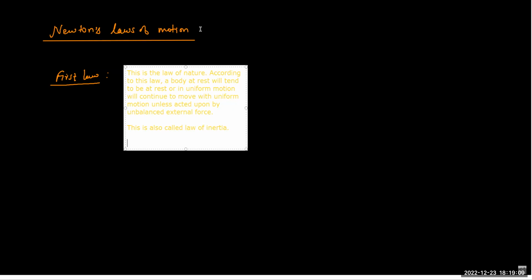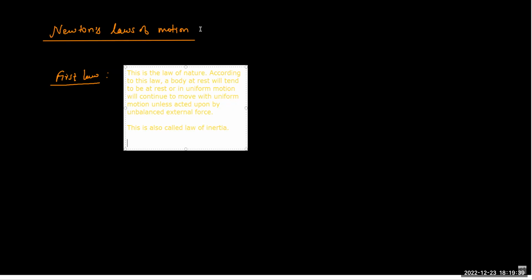So the question is, if rest itself is not defined, then what is the meaning of rest in Newton's idea? Somewhere we have to start believing that this is a frame which is at rest, or a frame which is moving with uniform velocity. So the problem is the validity of Newton's law is only for certain variety of frames, not in all frames.